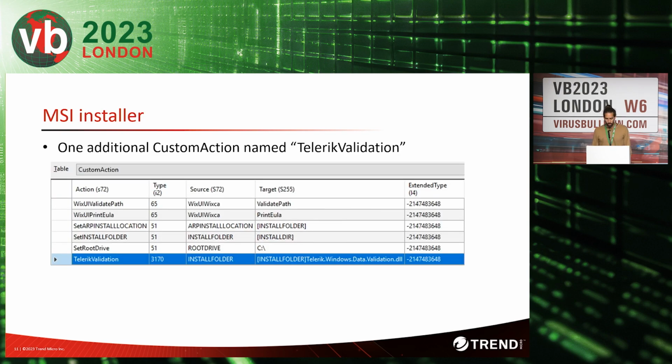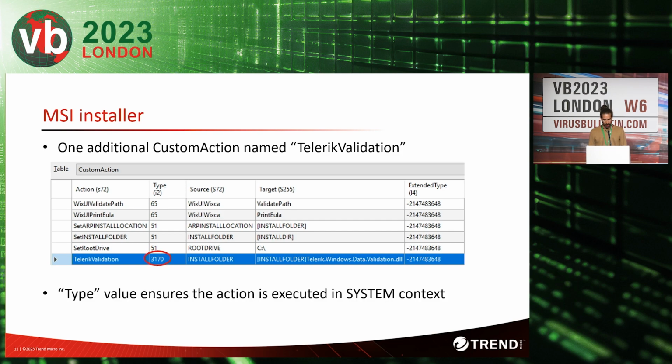In the MSI format, you can also add some custom actions. Here at the bottom of the screenshot, you can see that there is a custom action named Tariq Validation that will run this fake DLL, which is an executable, from the install folder. And there is this type value, and this particular type value ensures that the executable will be run within the system context. This is kind of clever on the threat actor's side, because of course you are installing an application.